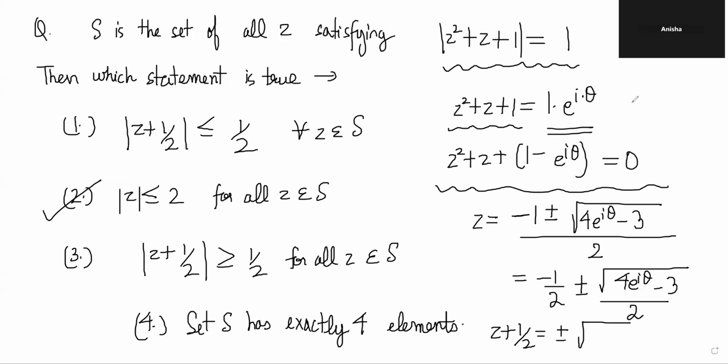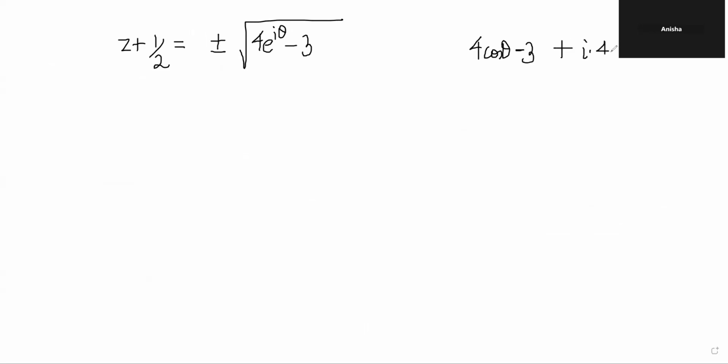Let's calculate that. We have z plus half is equal to plus minus root over 4 e power i theta minus 3. Now this can be written as 4 cos theta minus 3 plus i into 4 sin theta, square root of this.